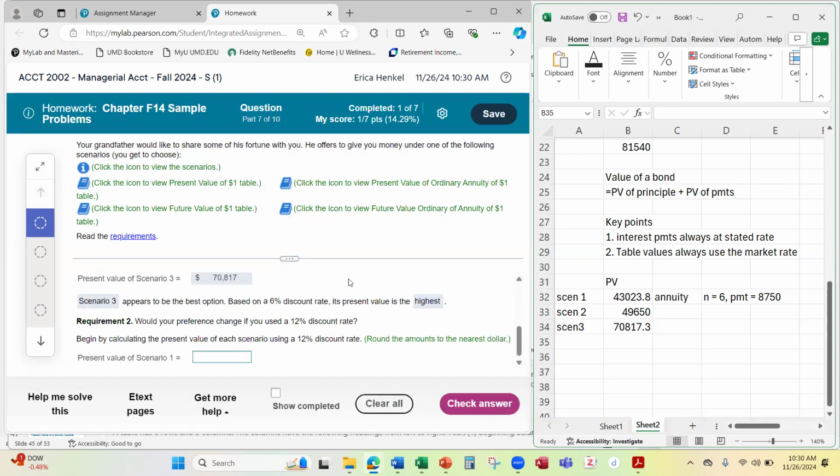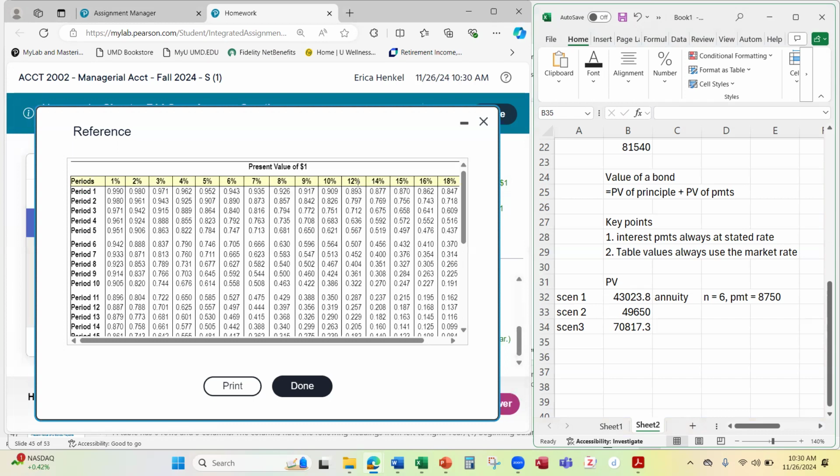All right. Now, what if we changed it to a 12% discount rate? Let's go back to our tables then. We're going to look at 12% for 6 years. So 0.507. That takes it down significantly, right?